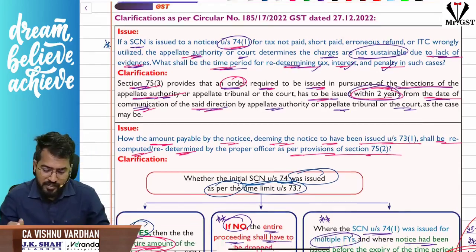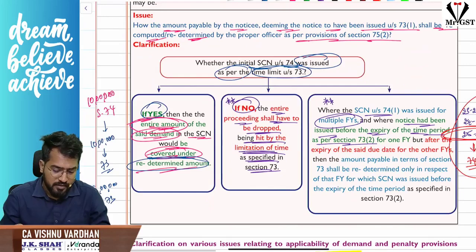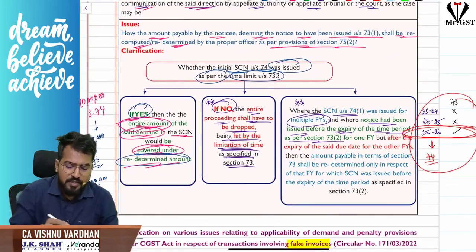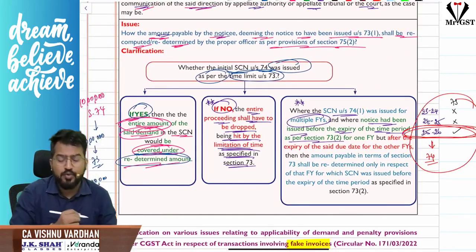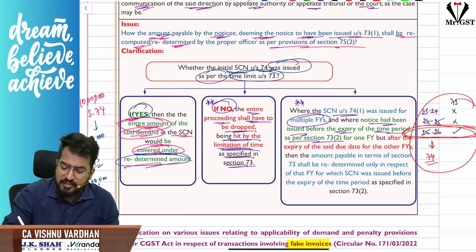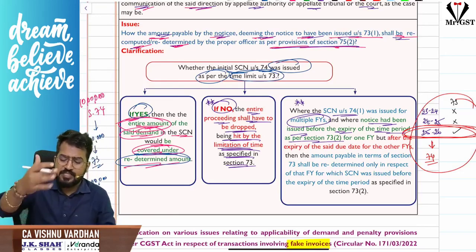Okay, fine. And here one interesting, very important aspect. Sir, how the amount payable by the noticee, that is the taxpayer, deeming the notice to have been issued under section 73, shall be recomputed or redetermined by the proper officer as per section 75 subsection 2.